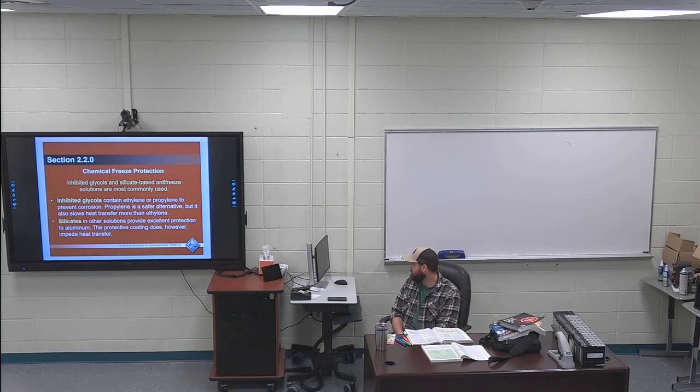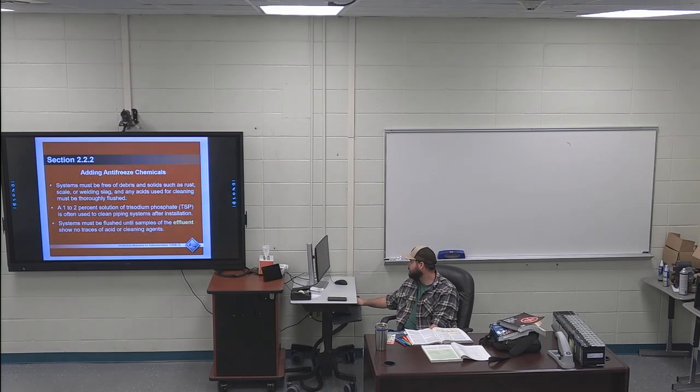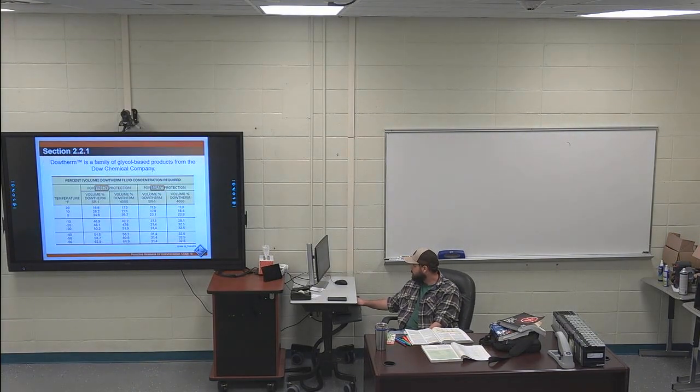Just talk about getting the concentrations together for these. So they actually have for freeze protection, burst protection, and what percent fluid concentration is required at what temperature. That's your picture at the bottom of page 22, table 2 down there.